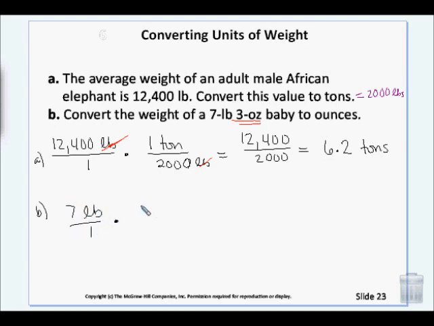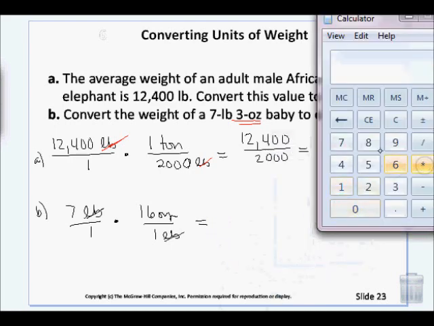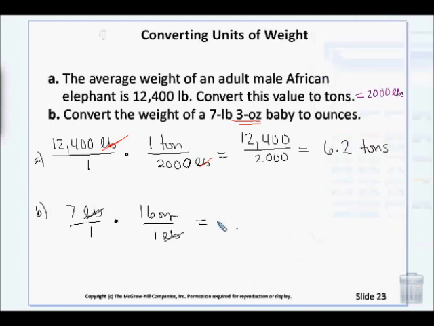There are 16 ounces in a pound, so my pounds will cancel and I'll have 112 ounces, right? But don't forget this original 3 ounces up here. So I need to add that 3 ounces in. So the baby is 115 ounces.